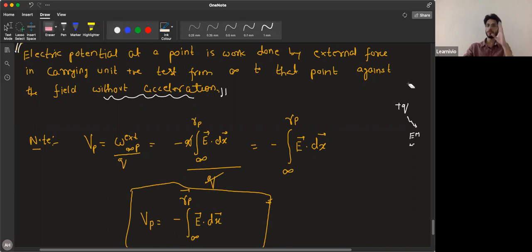So in your system, you will have light waves also. We want to avoid light waves for the time being, because light waves will create issues in energy conservation. If your charge starts accelerating, the system will have charge as well as electromagnetic waves. That's why we are considering charges without acceleration.